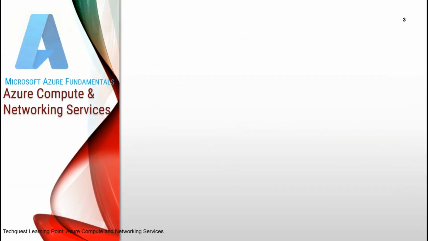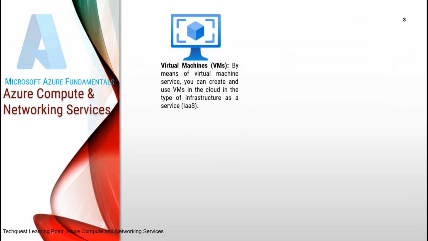Azure Virtual Machines. By means of the virtual machine service, you can create and use VMs in the cloud. VMs provide infrastructure as a service, IaaS, in the form of a virtualized server and can be used in many ways.